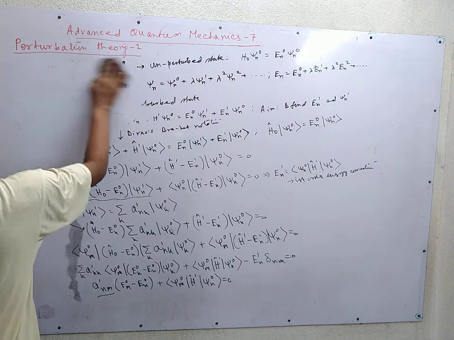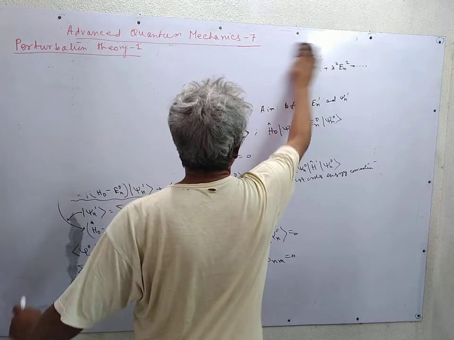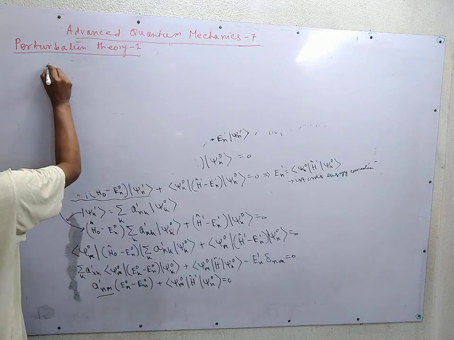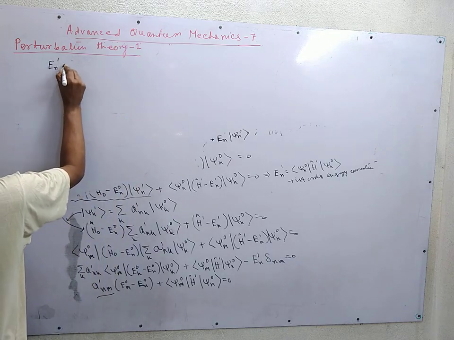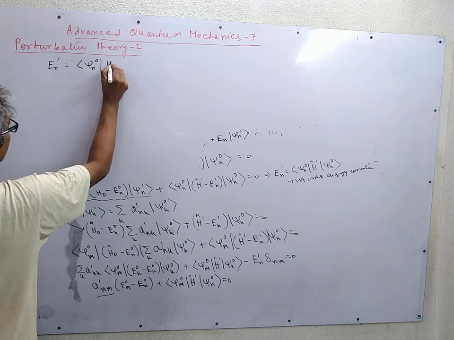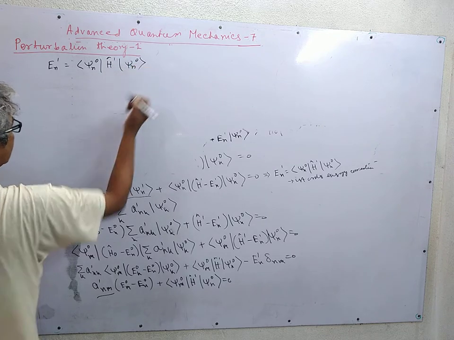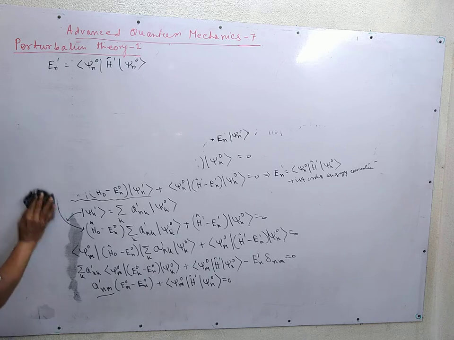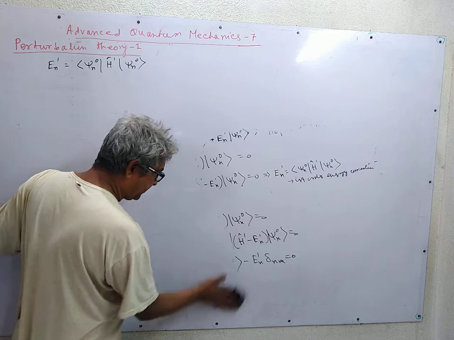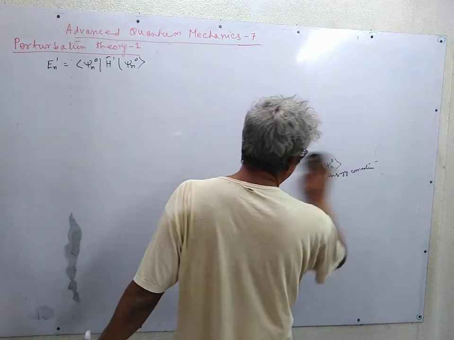Let us write that the first order correction to energy is En1 is equal to psi n0 h prime psi n0. As simple as this: the matrix element of the perturbation part of the Hamiltonian with respect to the unperturbed states.